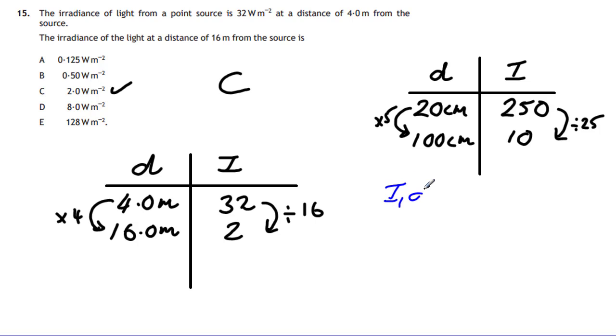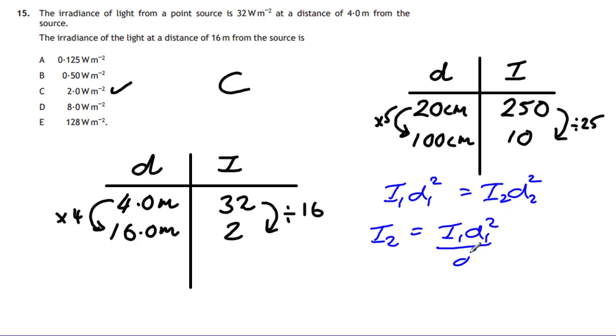I1 d1 squared equals I2 d2 squared. You see, you get a lot of 2's all over the place, and you can easily make mistakes doing that, but it still gives you the same answer. Then I2, the irradiance we're looking for, is going to be I1 d1 squared divided by d2 squared. And all we've got to do is plug in the numbers.